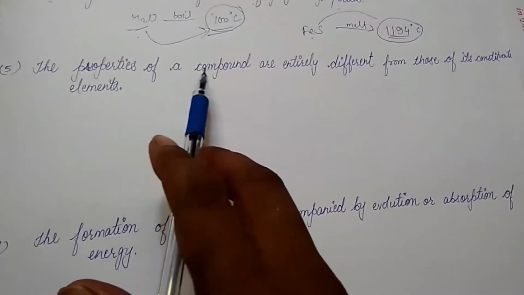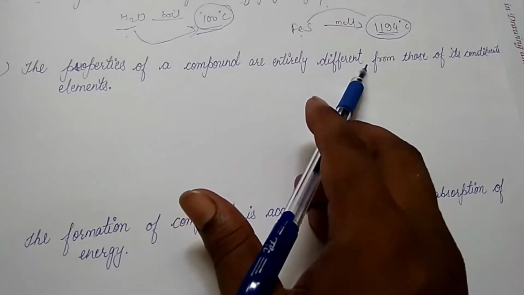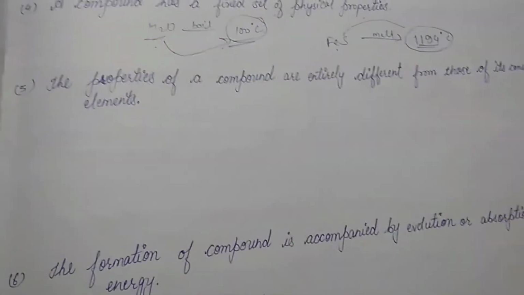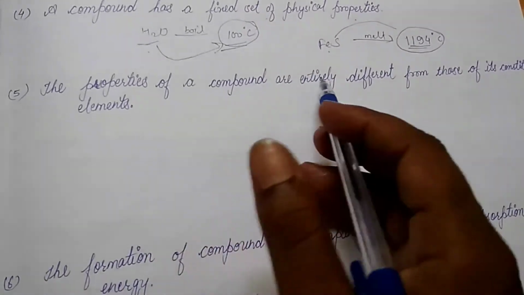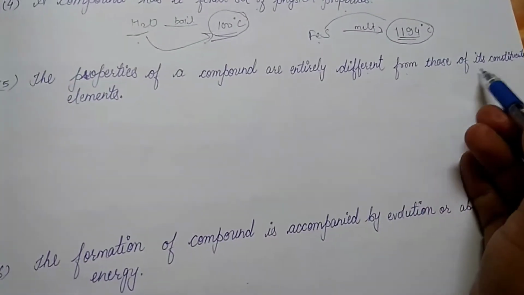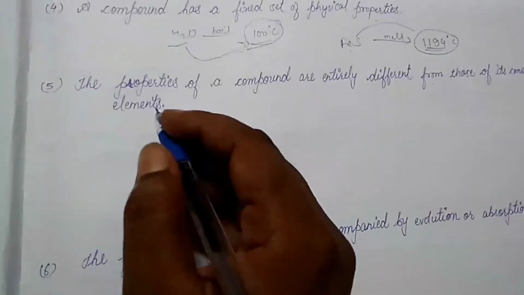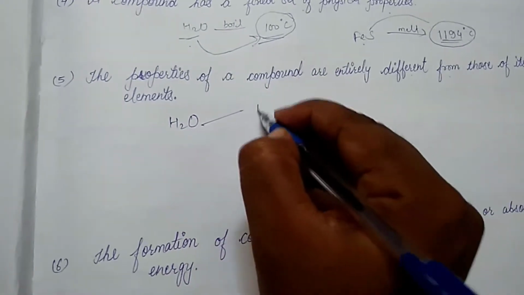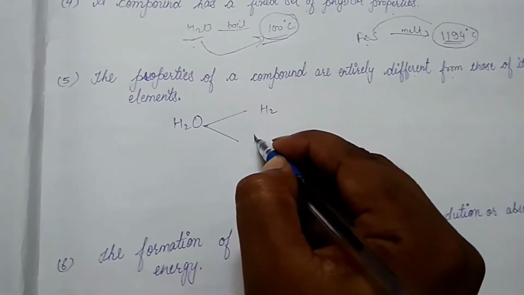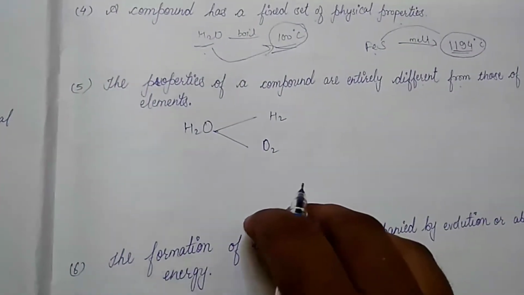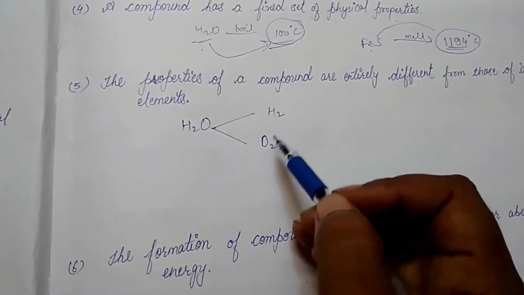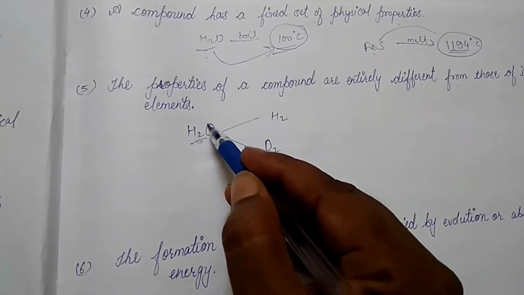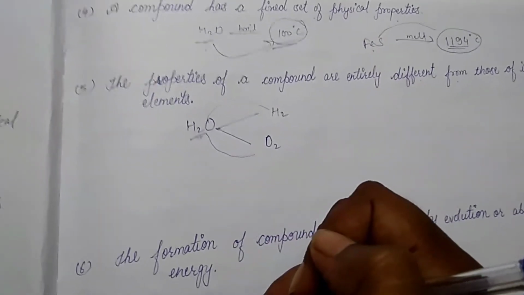Now the fifth property, children. The properties of a compound are entirely different from those of its constituent elements. For example, water is a compound and its constituent elements are hydrogen and oxygen. The physical and chemical properties of water are totally different from those of its constituent elements.